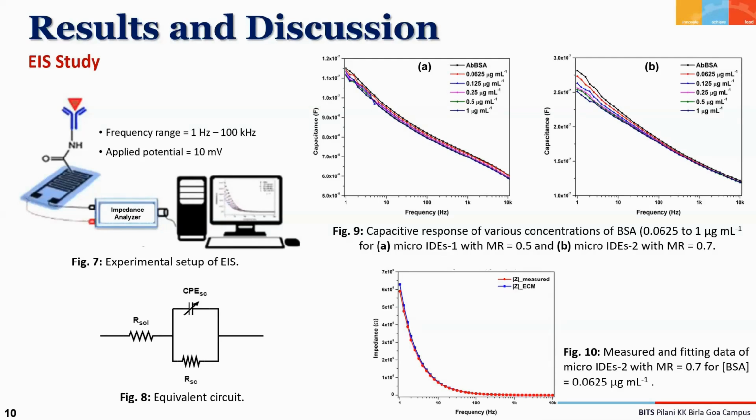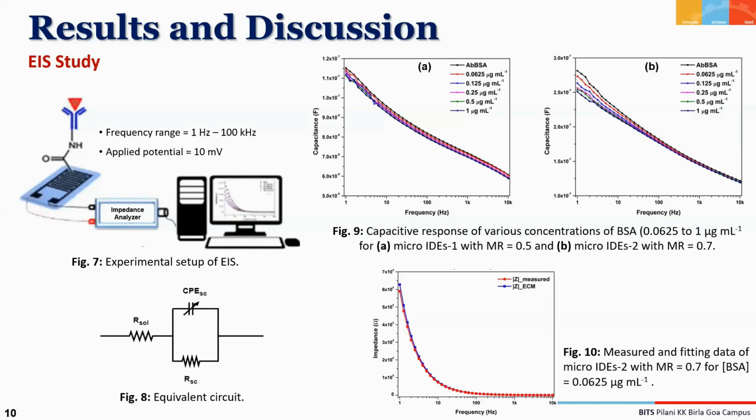It varies from 0.1 to 0.9, depending upon the gap of that micro electrode. So here we have tested two different types of micro electrode as extended gate for this configuration. We have carried out this immunosensing on this micro ID separately, and it is well established that with the concentration the CDL will change.